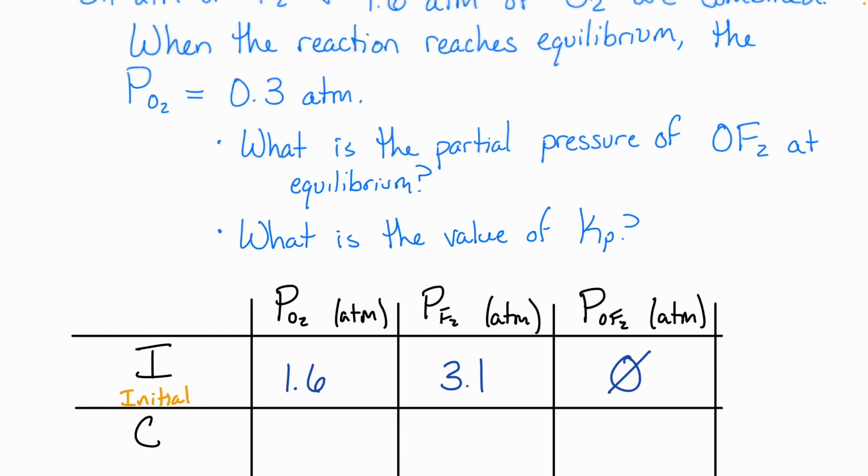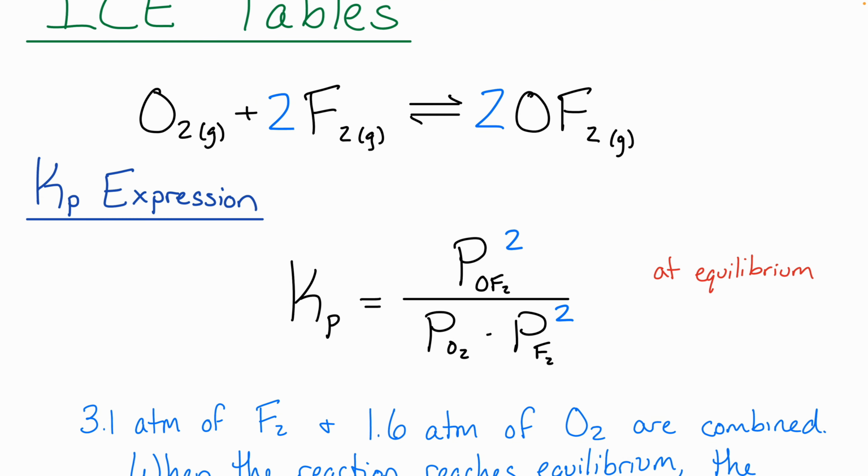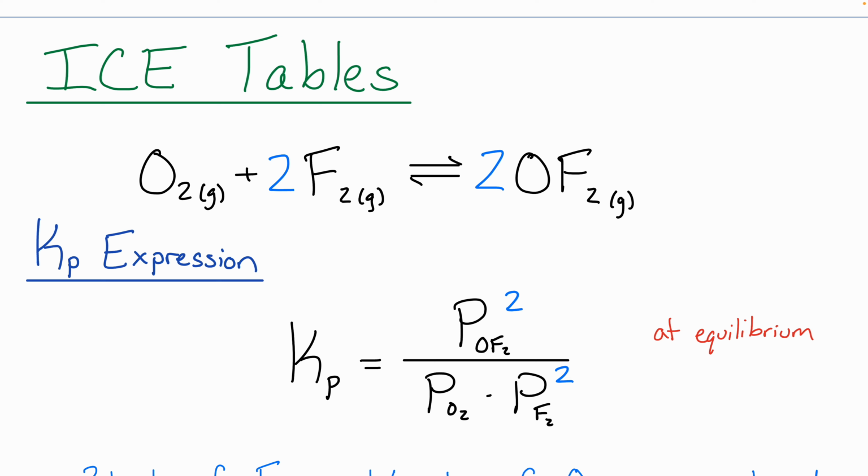Okay, so I go back to my change box here, and across the board, I'm going to put in that variable x. Boom, boom, boom. I don't know how much of this reaction occurs. That's what we're trying to solve for and figure out. All right, but we're not quite done yet. Okay, we got to think about the relative sign of these change boxes here, because our reactants, as this reaction occurs, are going to decrease in concentration.